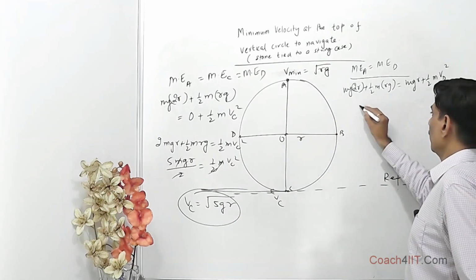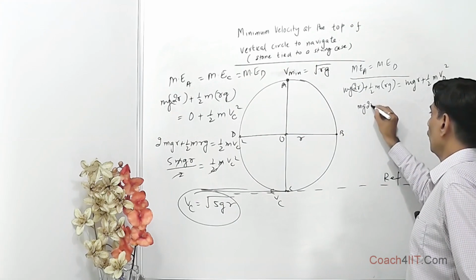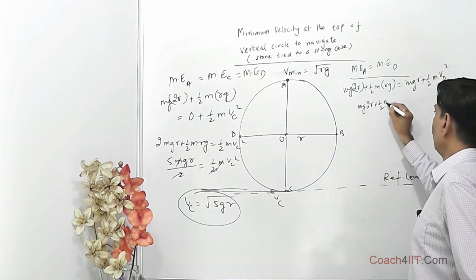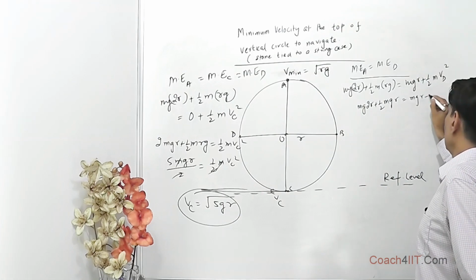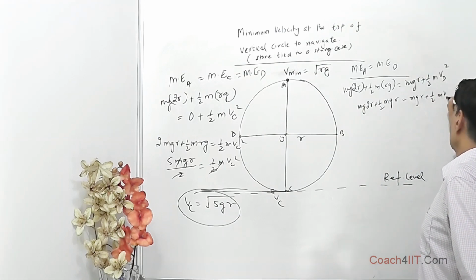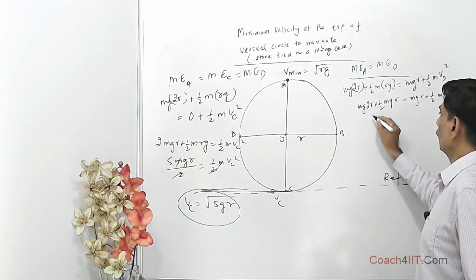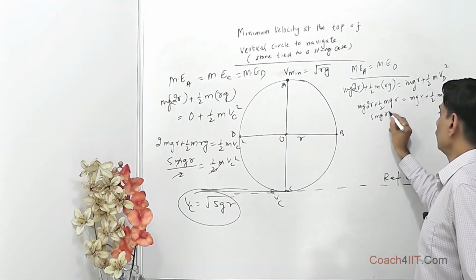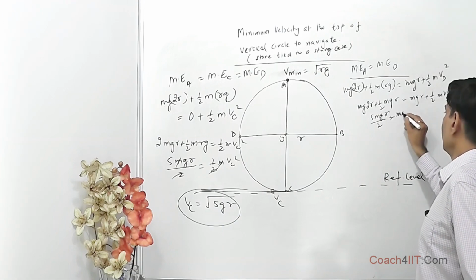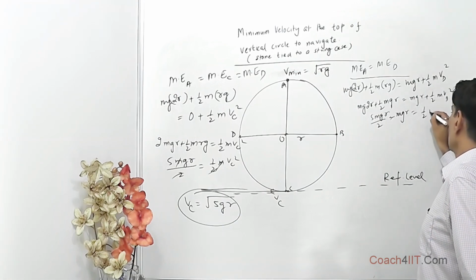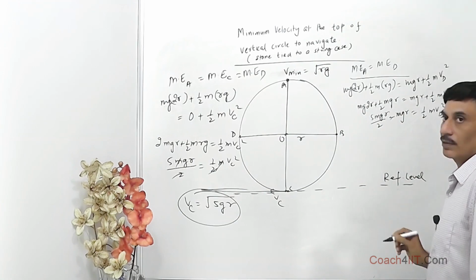So it is once again mg2r plus half mgr is equal to mgr plus half m vd square. So this is 5 mgr by 2. This comes over here, minus mgr is equal to half m vd square.